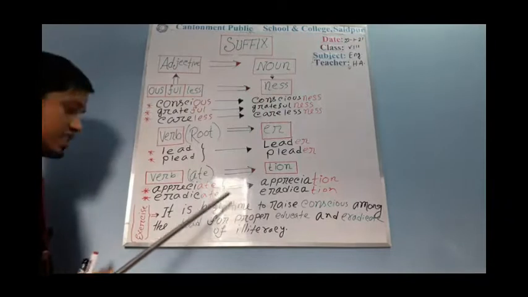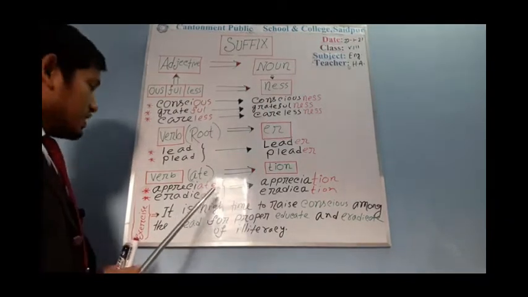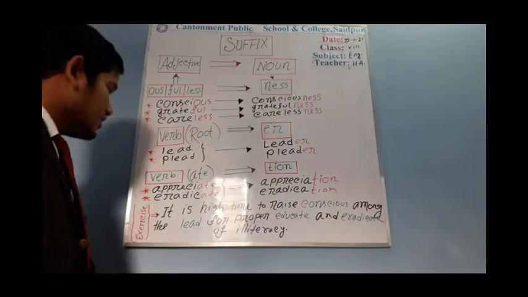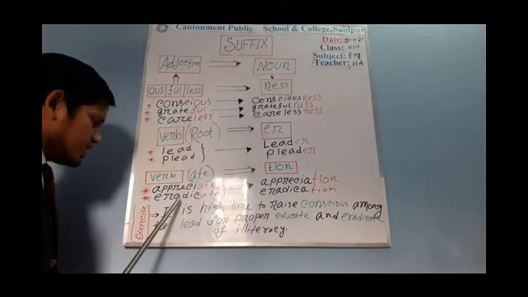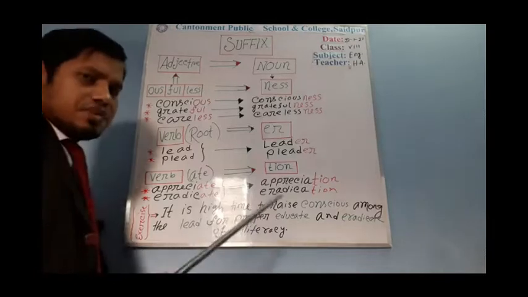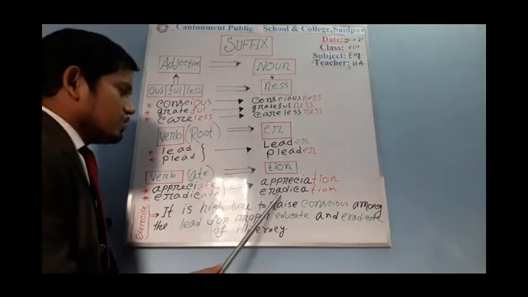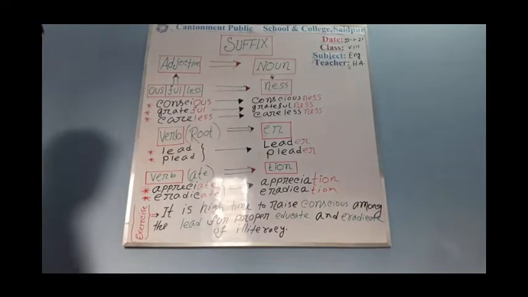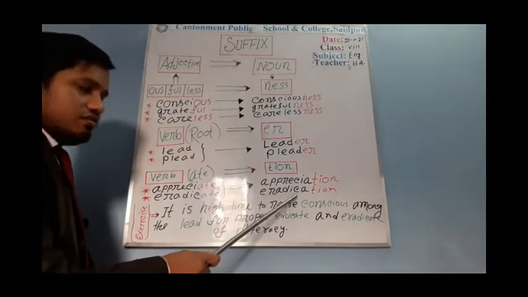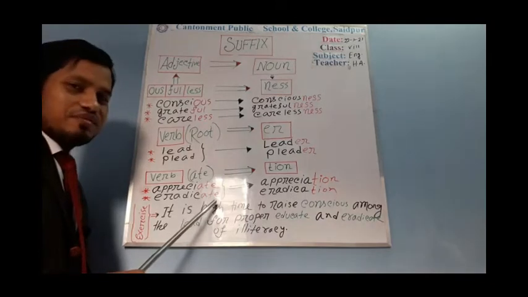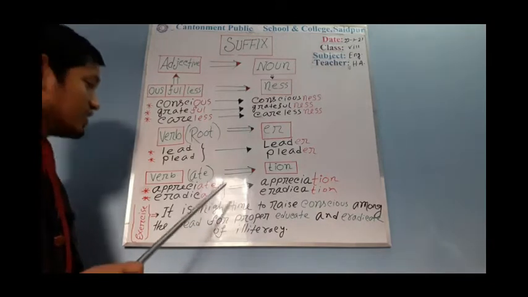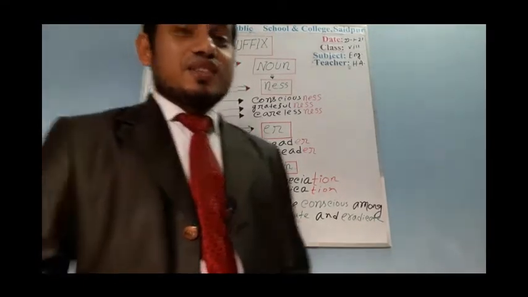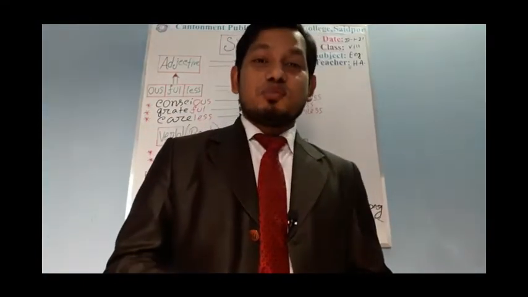Here you can get two examples: appreciate and eradicate. Eradicate means to destroy something completely, and eradication. Here eradication is a noun and eradicate is a verb. So you can find another word, or a lot of words in English, from your daily practice, right?